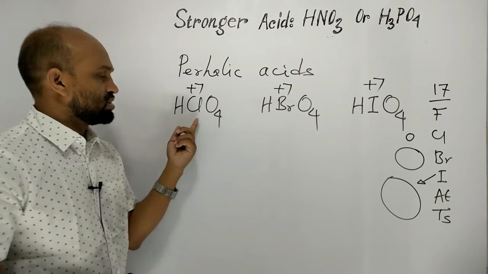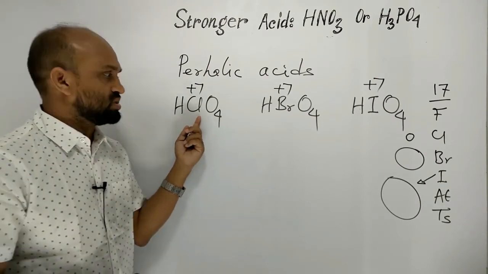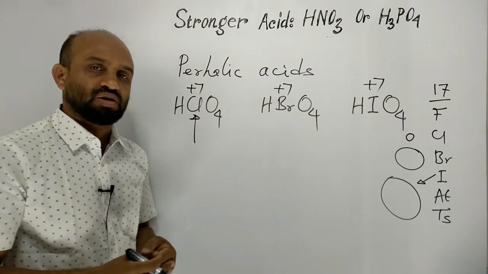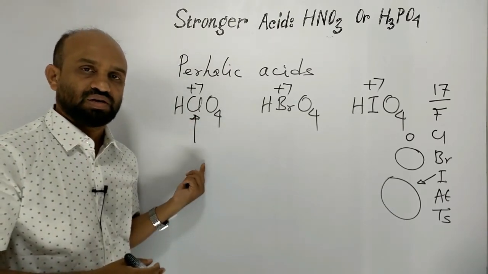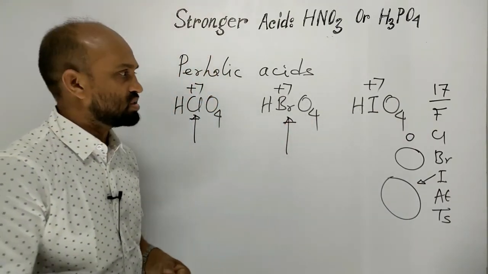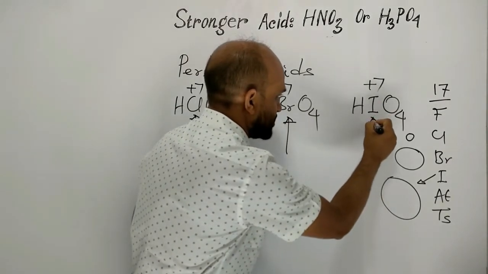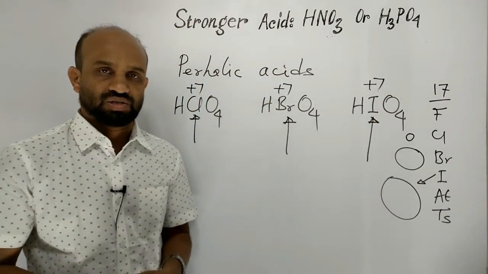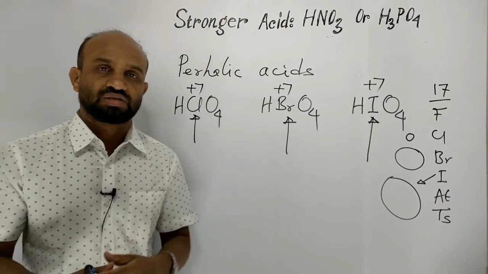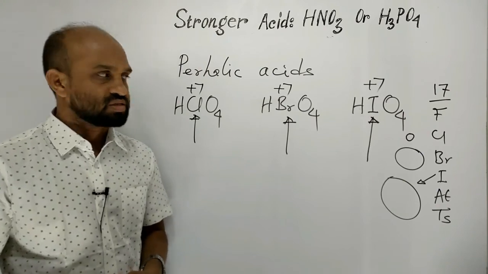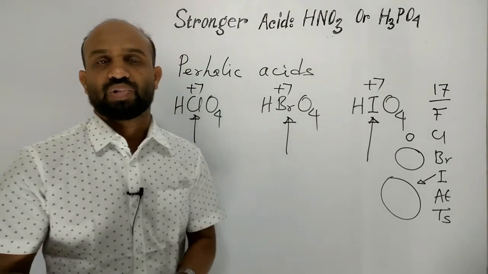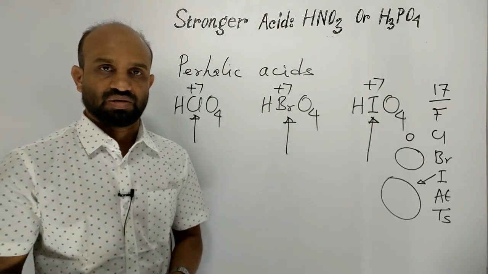So in case of perchloric acid, charge density of chlorine is very high, here it is comparatively lower, and in case of iodine it is lowest. That is, in perchloric acid charge density is highest, and in periodic acid charge density of iodine is lowest.